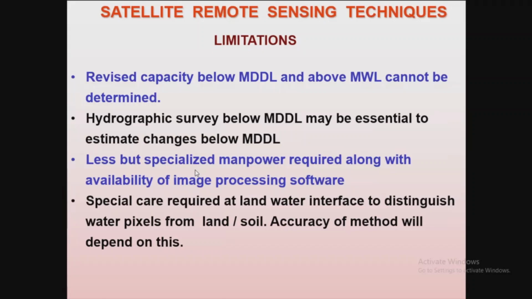Why can't we calculate? You can send me the mail. Only students; I don't want it from the engineers and professors. Only students can tell me why we cannot calculate the capacity of the reservoir below MDDL or above MWL.